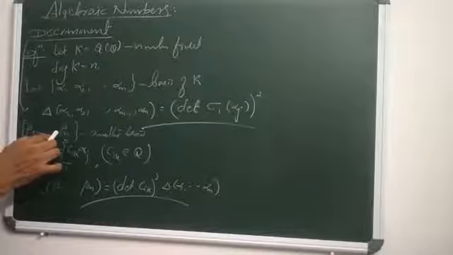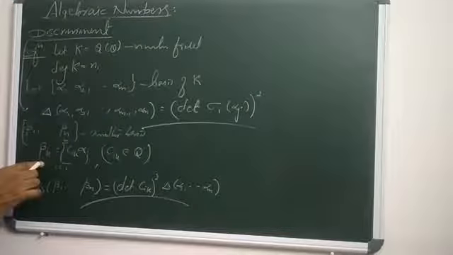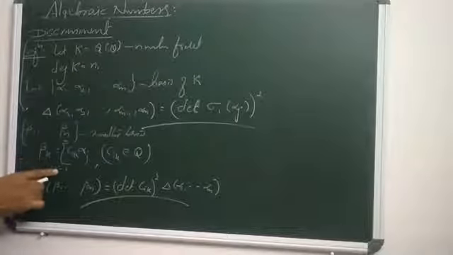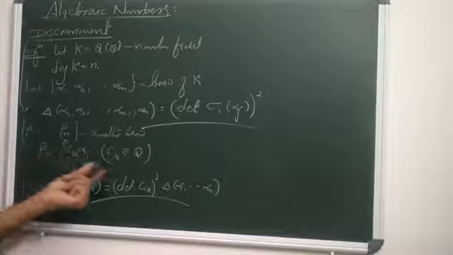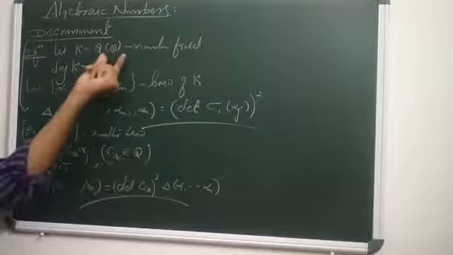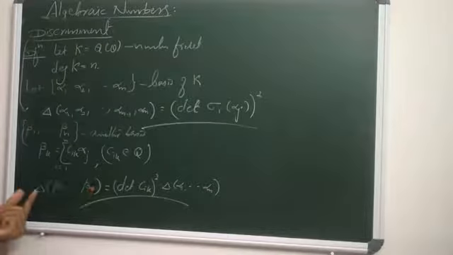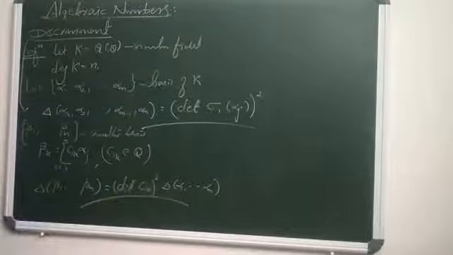If there exists another basis beta 1, etc., beta n, then beta k equals the sum of C ik alpha j, where C ik is a rational number, because the number field is defined over Q. Then the discriminant of the second basis, delta of beta 1, etc., beta n, is the determinant of C ik, whole square, into the discriminant of alpha 1, etc., alpha n. Agree? Okay.